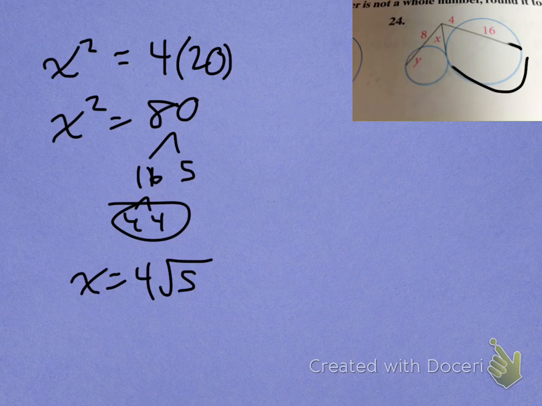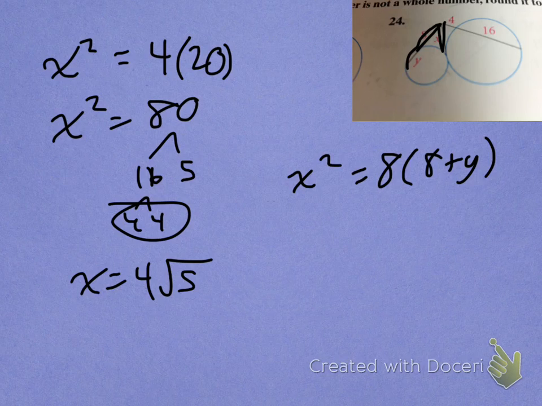Once you know x, you can solve for y. Same concept. x squared, x times x, equals 8 times 8 plus y. Now, don't overwhelm yourself with 4 rad 5 times 4 rad 5.